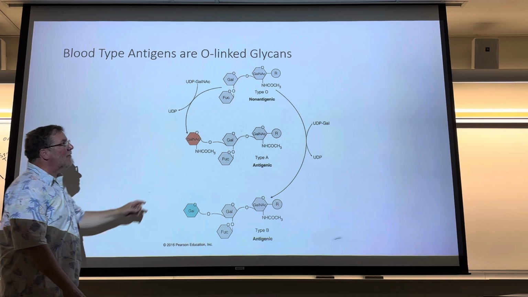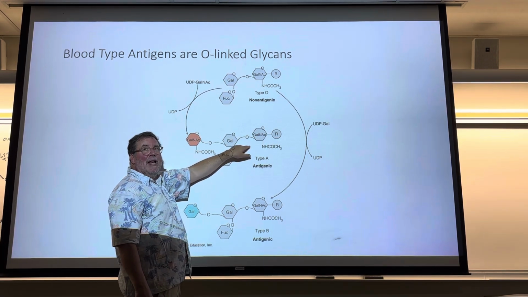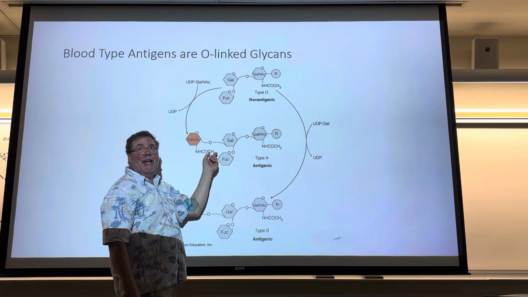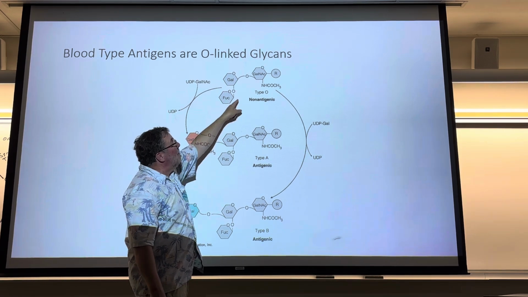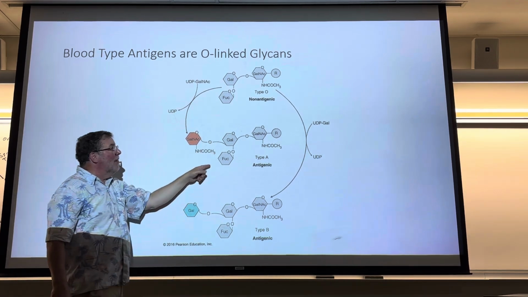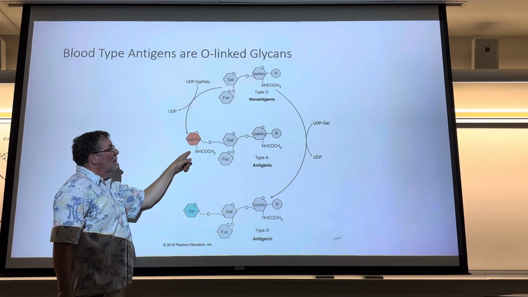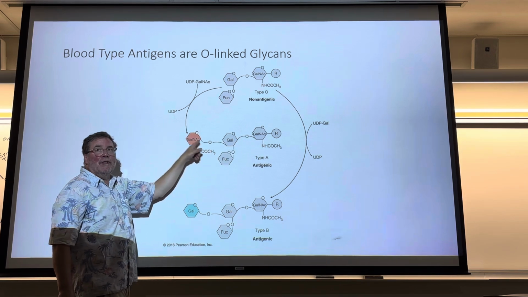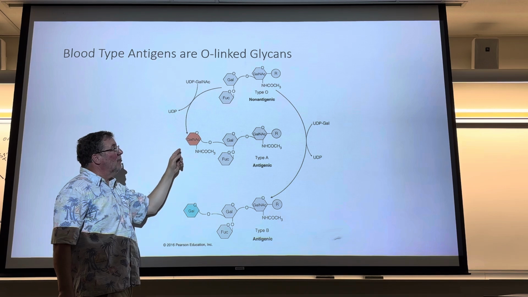Now, if you have type O blood and you get blood from somebody who has this extra sugar on there, you'll recognize it as foreign and generate antibodies against it, right? So a type O person can't receive blood from somebody who is type A, because it sees this different pattern on the surface of the blood proteins, recognizes it as foreign, and you get an immune response.